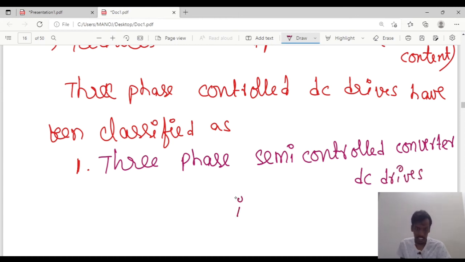Again, the semi-controlled DC drive is divided into two types.